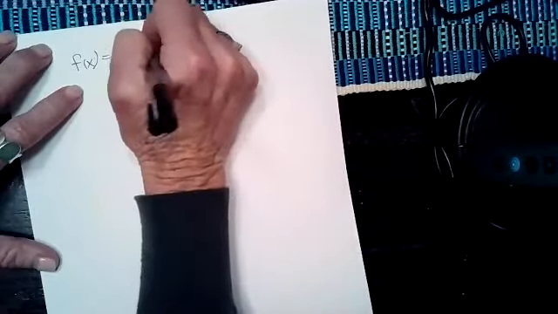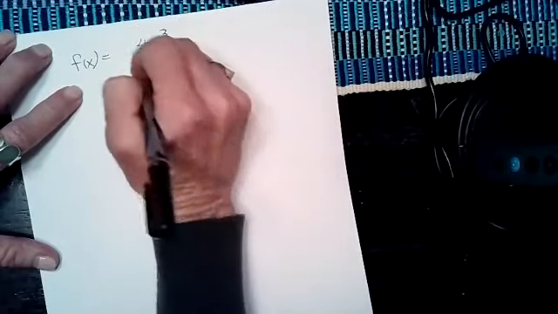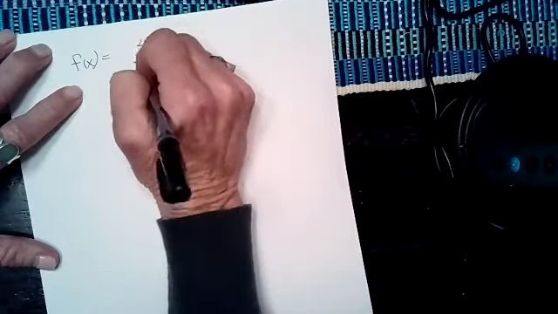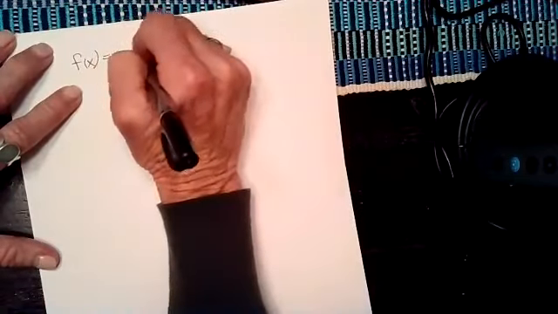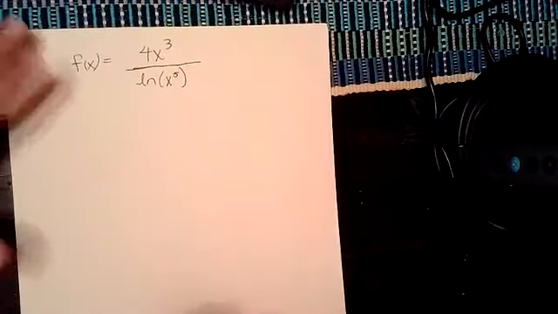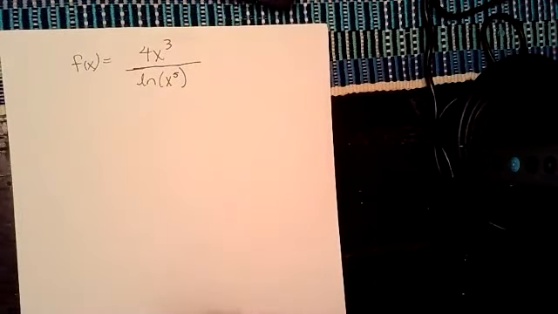And last but not least is f of x is 4x cubed over the ln of x to the 5th power. Okay, so what rule do we use? We used it on the last test.